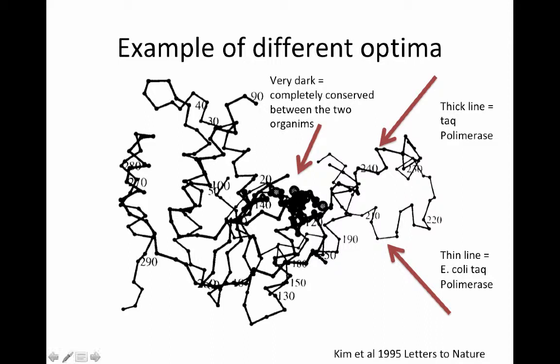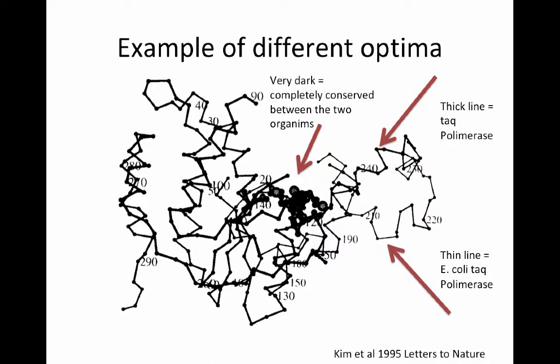Then you can also see the active site that mostly, but not completely, is the same between the two enzymes. And so these are two enzymes with the same function, to polymerize DNA. They mostly have the same active site, but they have these little differences here and there, and that completely determines the temperature optima at which these enzymes are functioning.